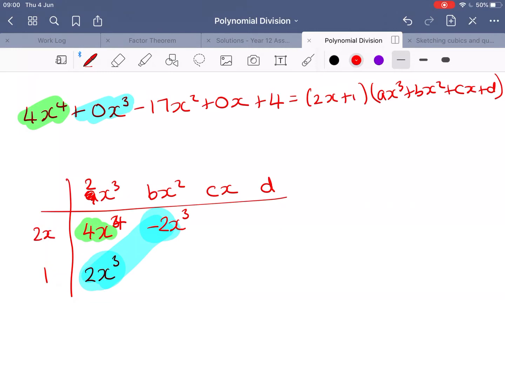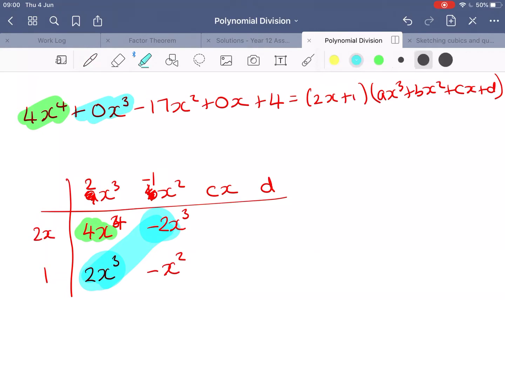So 2x times bx squared has to make minus 2x cubed. So that means my b must be minus 1 because 2x times minus x squared would be minus 2x cubed. And then fill the column in. So that's going to be minus x squared.